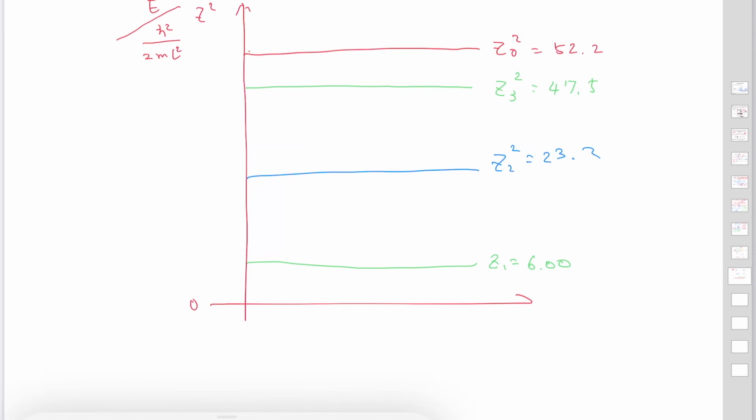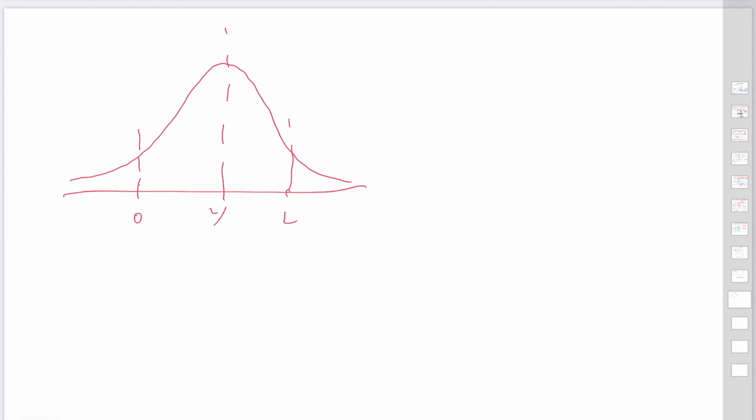By solving the Schrödinger equation, we discovered three bound states. The wave function for the first one, between 0 and L, looks like this. So even outside of the box, it cannot become 0. So this is an even function with respect to x equals L over 2. This is the ground state.